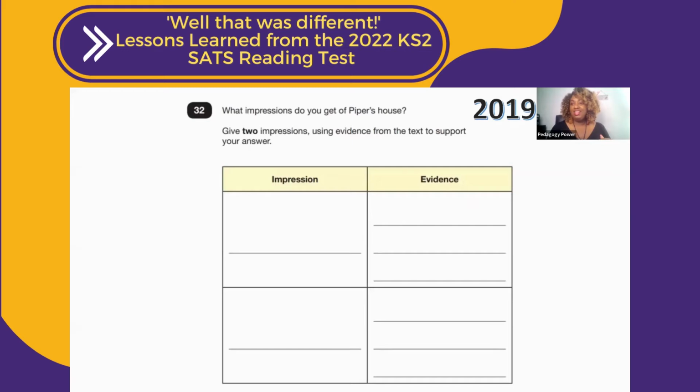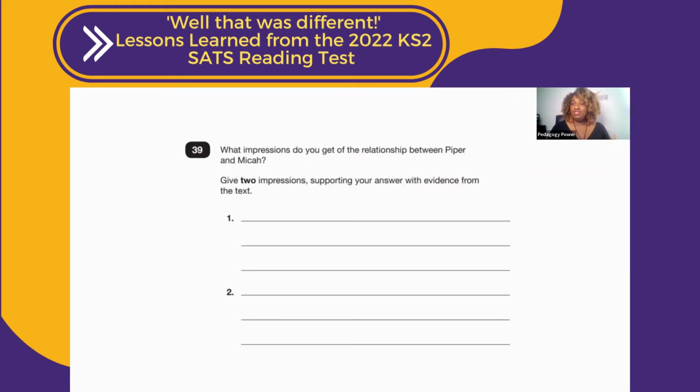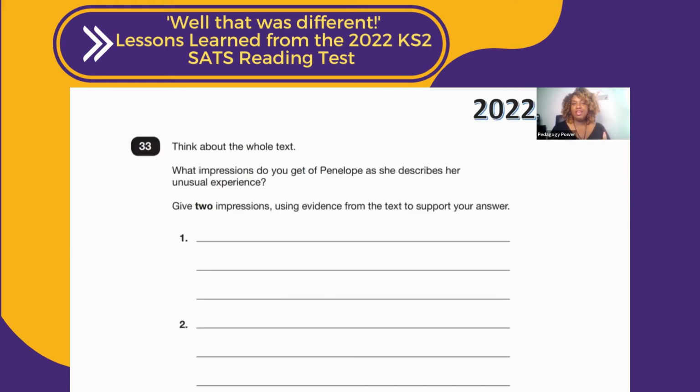So once again, 2019, here is that style of 3-mark question. And once again, these 2 separate sections within the full answer, where children have to give 2 different impressions. And that brings us to 2022. So 2022, it has become the standard.